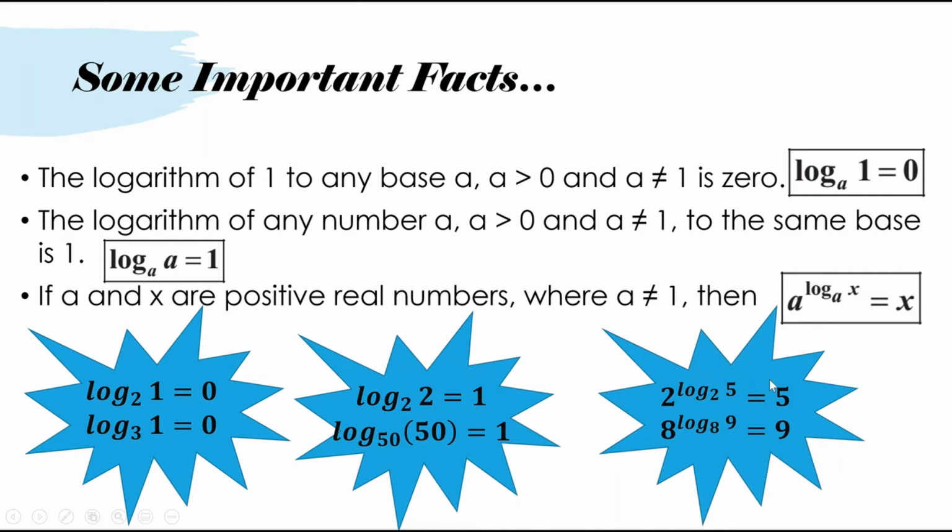Okay, for example, 2 to the power log of 5 with base 2 is 5. 8 to the power log of 9 with base 8 is 9. So if the log base and the base of the exponent are the same, you get this value.